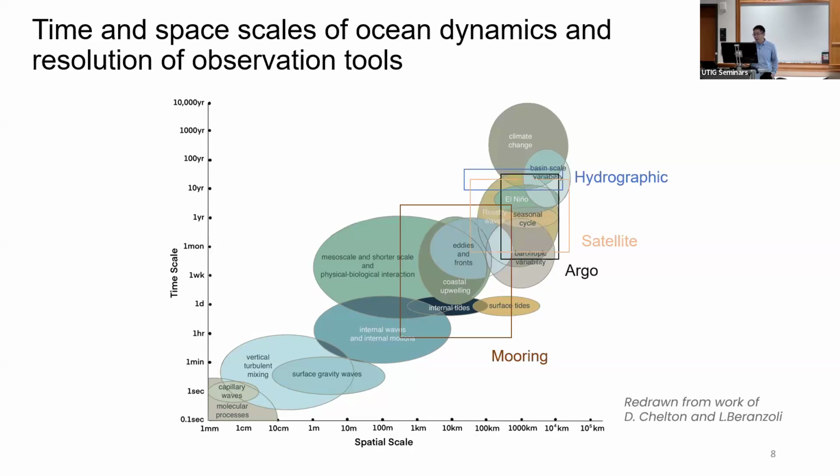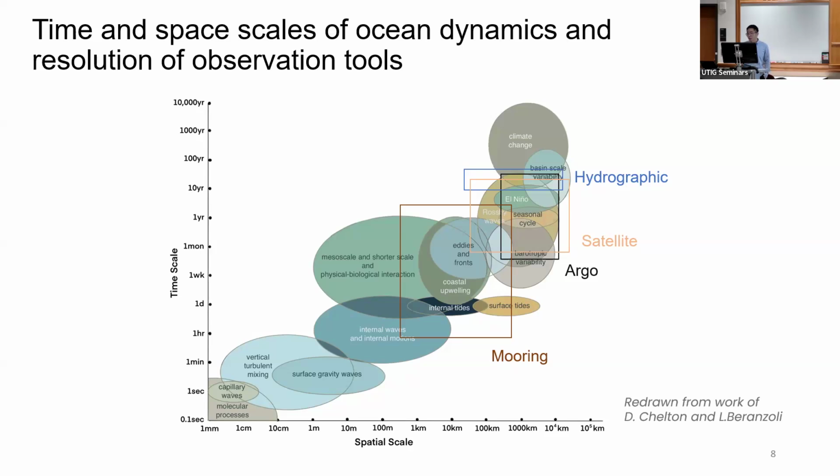And it's quite clear that there's no single observation tool which is able to solve all of these problems, because they just have different resolution and coverage in time and space. As you can see in this figure here, the horizontal axis is the horizontal scale. And we also talk about depth: these different tools measure different depths of the ocean.